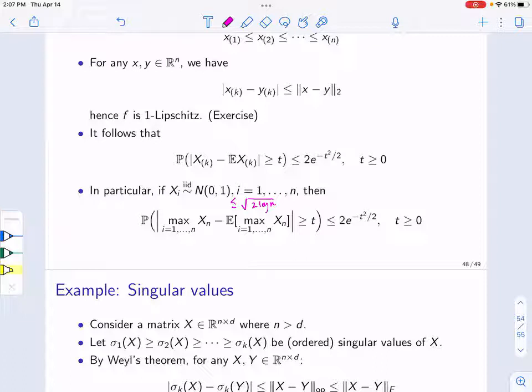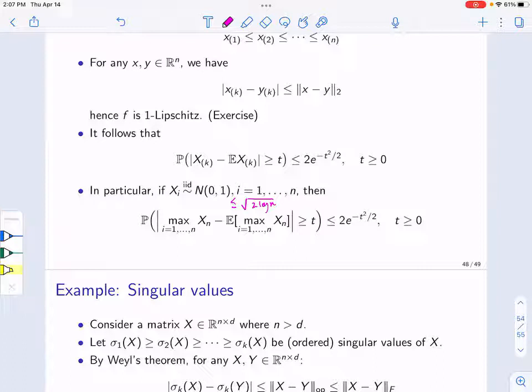There are a lot of results on more sophisticated Gaussian processes on how to control this. You may see some of them later. But one of the reasons that people focus on this expectation a lot is that the actual random quantity is very close.